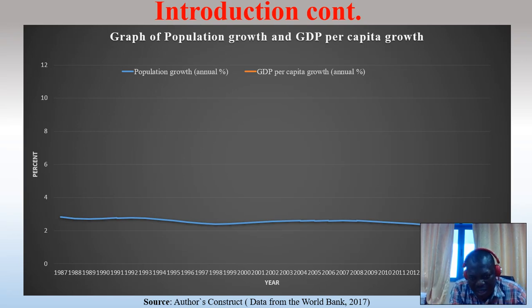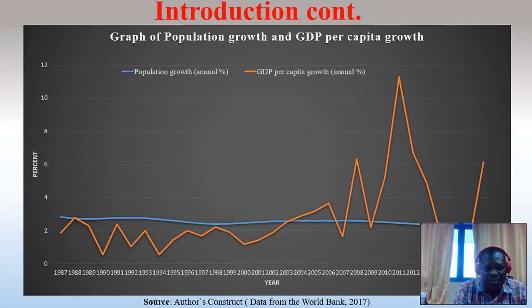But thereafter, from 2009, one has seen some marginal reduction in the growth rate of population, which is now closer to 2.2% in 2017.